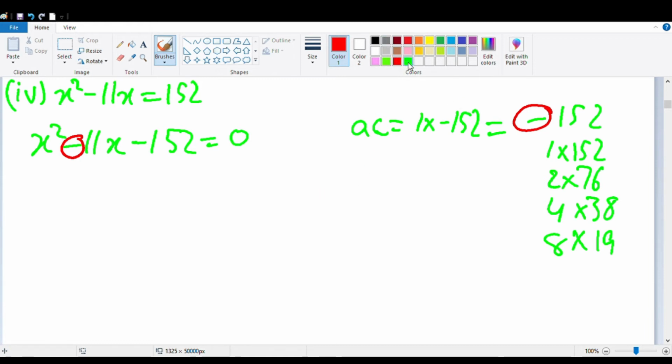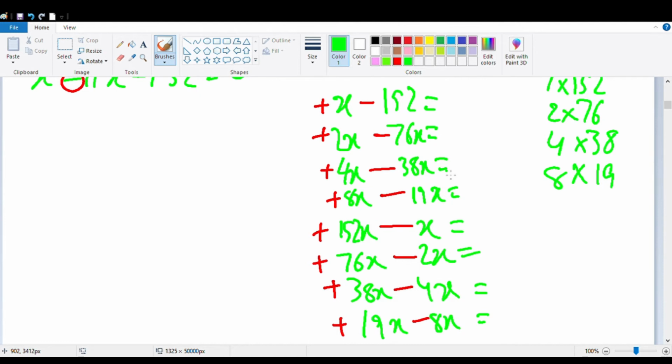So our scenarios are, so these are our scenarios.